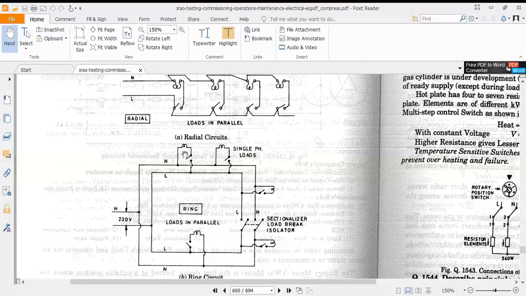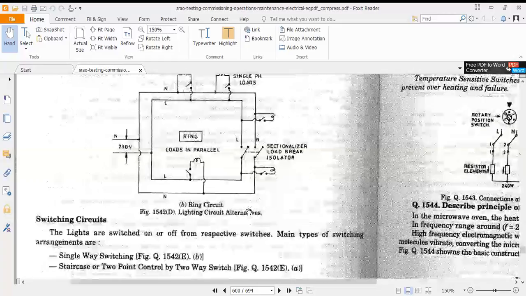So this is available on, this is also on, this is also on, but current is not flowing between this and this. That means now from one ring, we have made two sections. This is one section, this is another section. This is also possible by putting certain load breaking switches or isolators in the ring type connections.